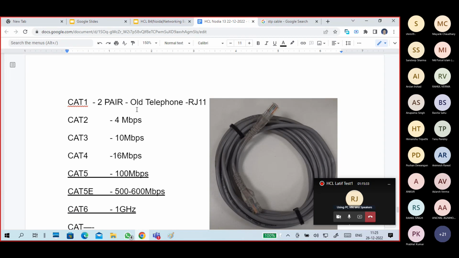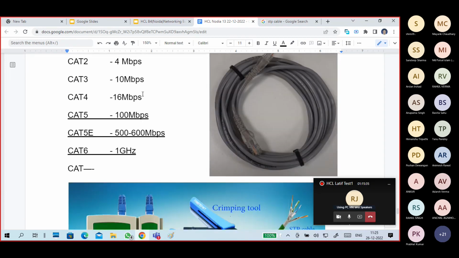Generally, if you are using Ethernet communication with an Ethernet adapter, it is 10 Mbps Ethernet, so we use Cat 3 or Cat 4 cables. If you are using Fast Ethernet, you have to use Cat 5 or Cat 5e cables. If you are using Gigabit Ethernet, you have to use Cat 6 cable.